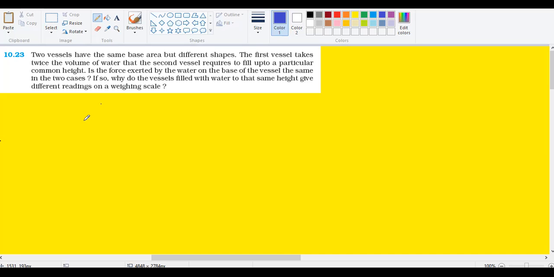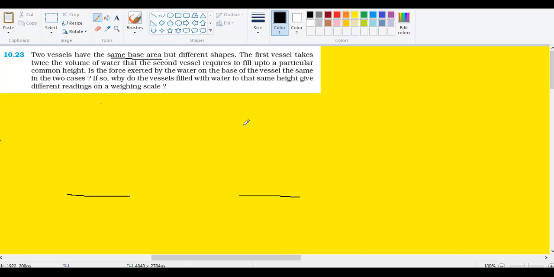Okay, let's try to understand this. So the base is same. The base of the vessel is something like this. Here also the base is same base area, but different shapes.